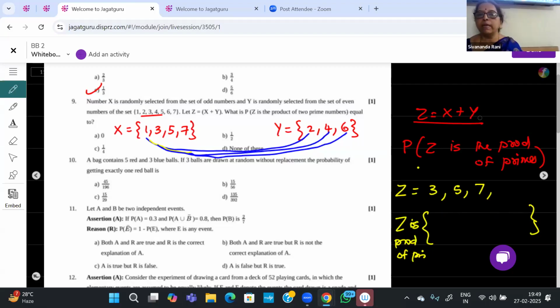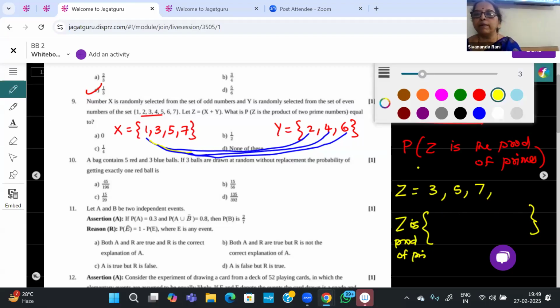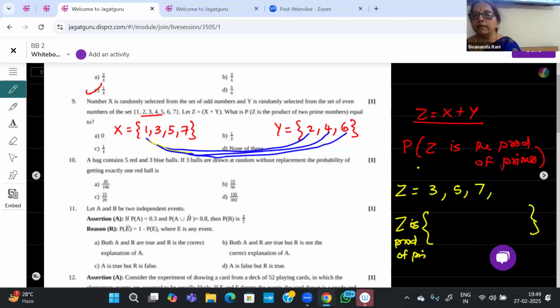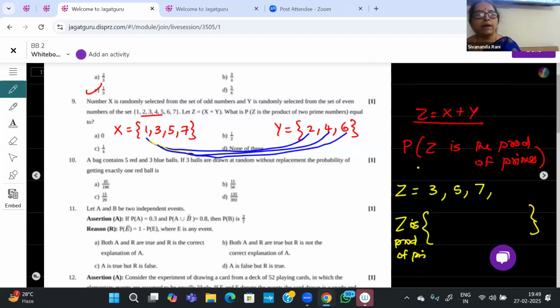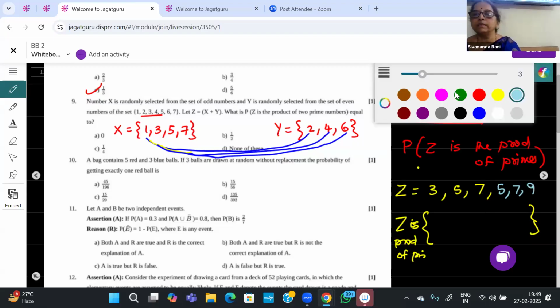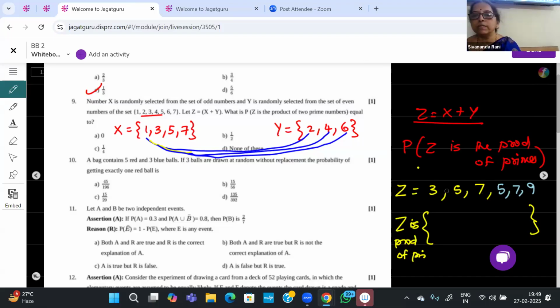Possible values taken by Z are 3, 5, 7, and then the next set of possibilities: 5, 7, and then 9. The next set of possibilities with 7: 9, 11.